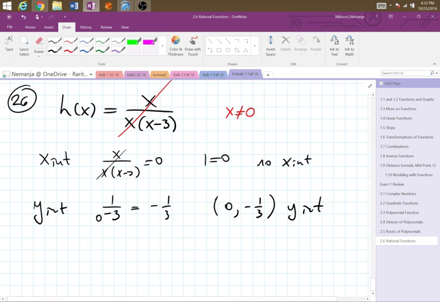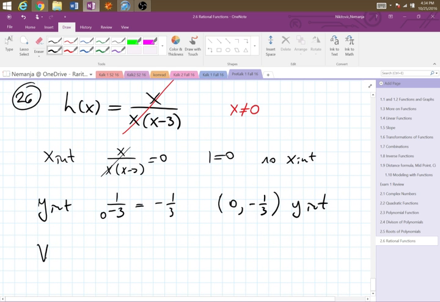Great. How about the vertical asymptote? Hold on, I'm not there yet. X is canceled, and because x is canceled, no asymptote there. x minus 3 equal to 0, x equals 3, vertical asymptote.